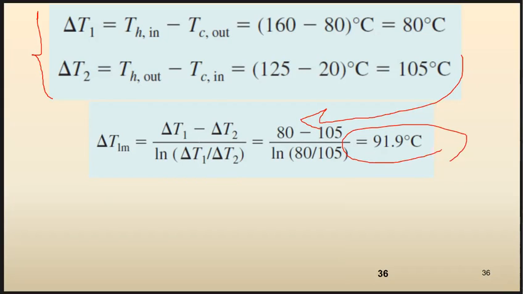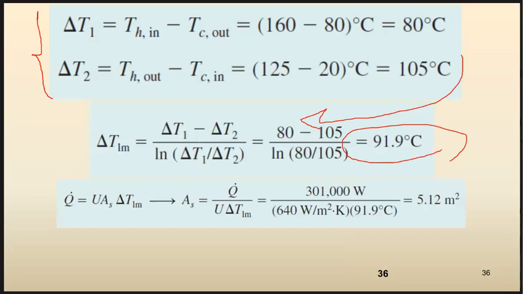Then the surface area of the heat exchanger is determined to be 5.12 because the heat transfer that we calculated in the previous slide, 301 kilowatt or 301,000 watt, is equal to the overall heat transfer coefficient times the area through which the heat transfer is happening times the log mean temperature. We already have the log mean temperature.